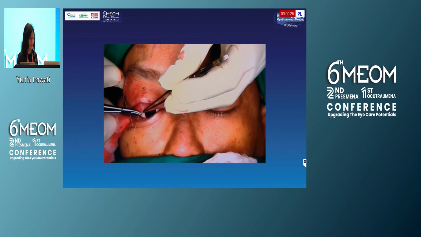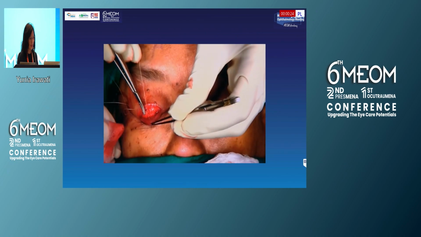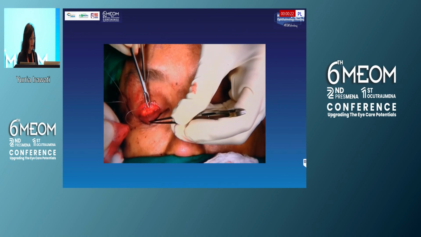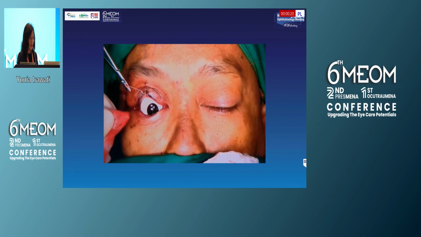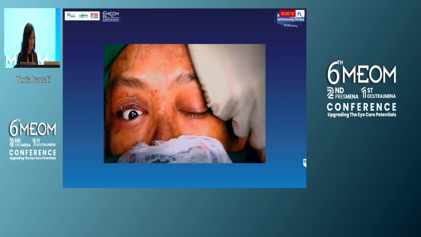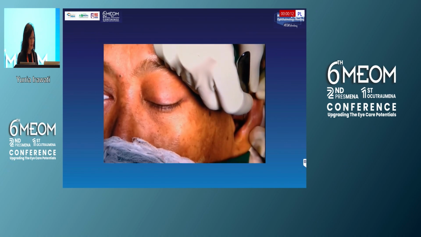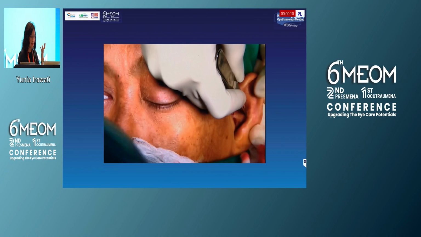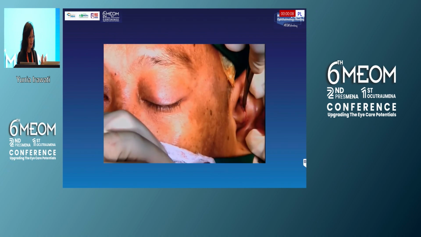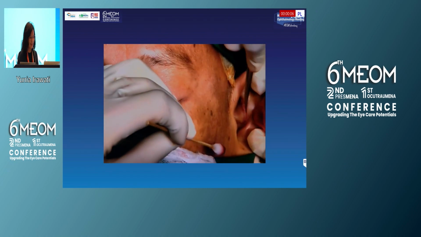After I did the anterior lamella reconstruction for the upper eyelid entropion, I take the cartilage from the concha, the earring area. In a patient with a small concha, I think it's not recommended.